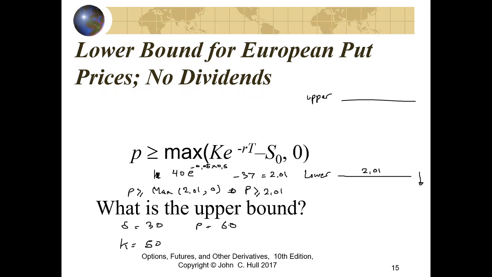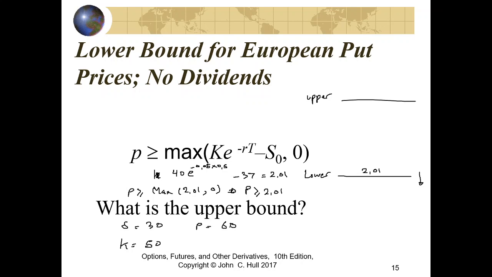What do they mean? It means the right to sell something and receive 50 costs you 60. Now, a put option is the right to sell, which means when you sell, you receive the strike price.